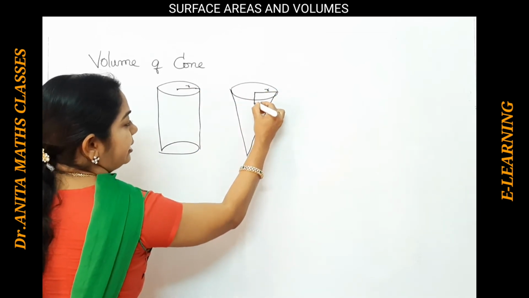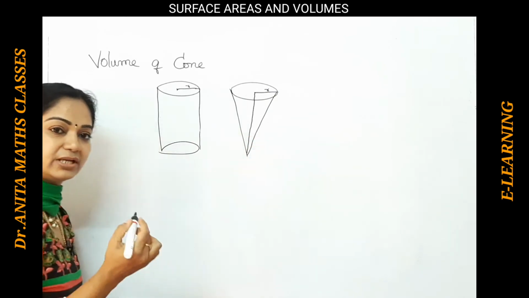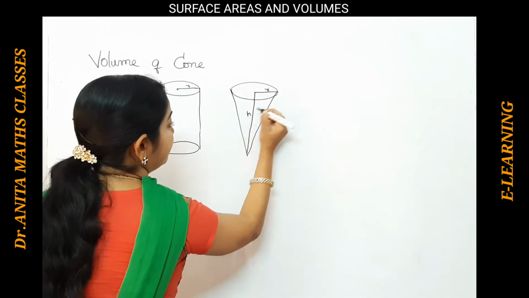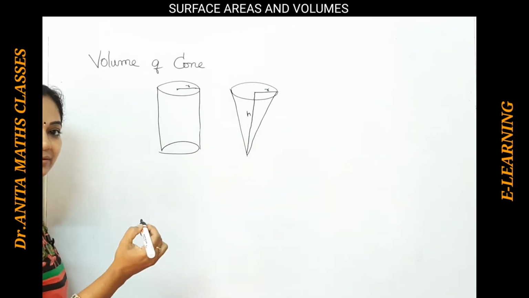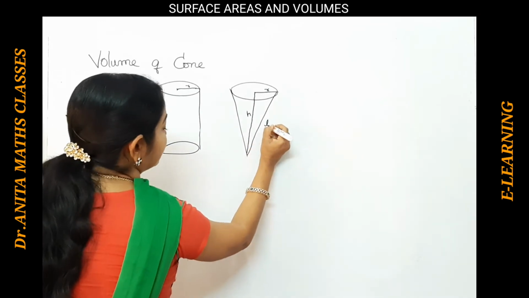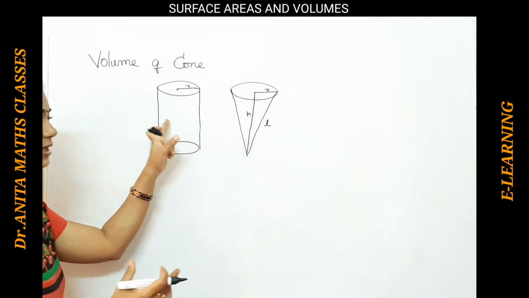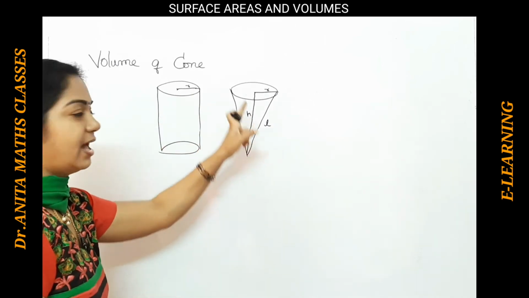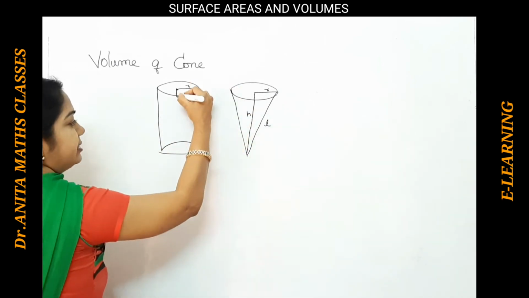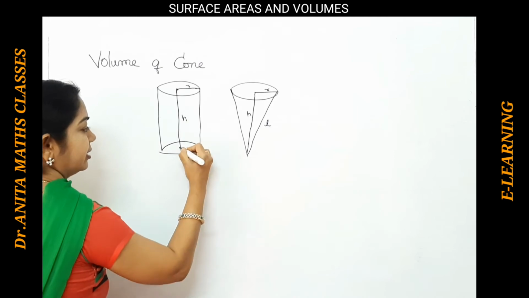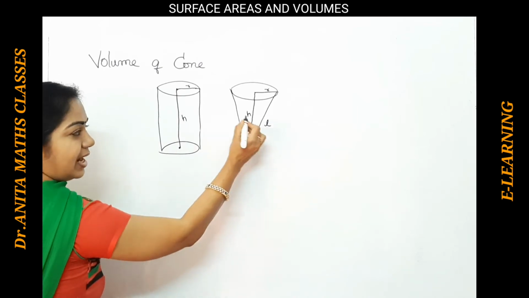Height here means we have to consider the vertical height, that is h. If the slant height is specifically mentioned, we have to take it as L. So I am taking a cylinder as well as a cone having equal heights and equal radius.